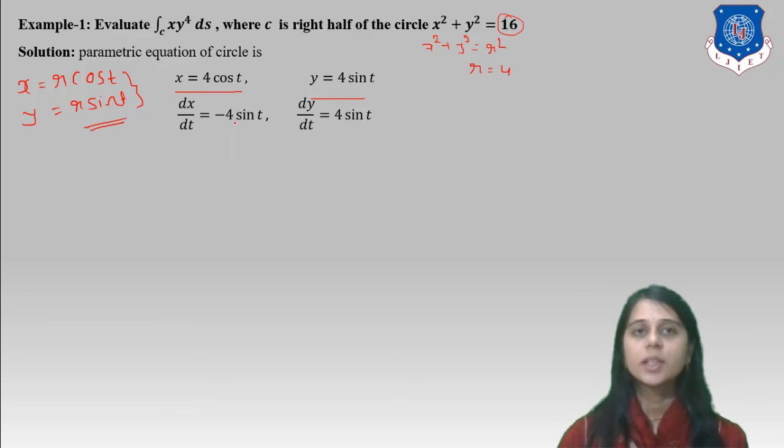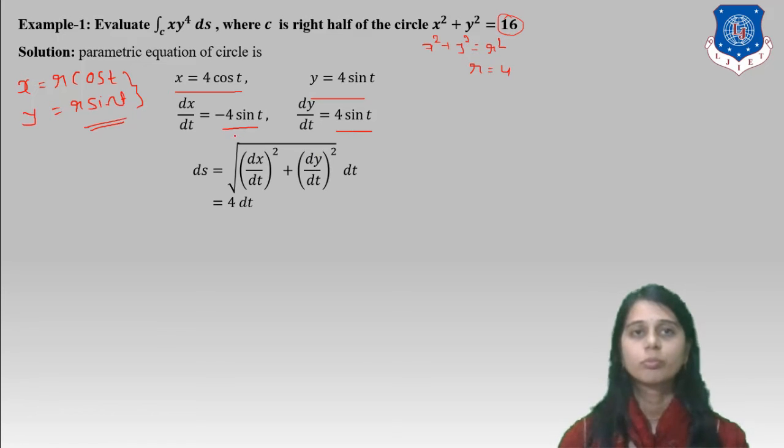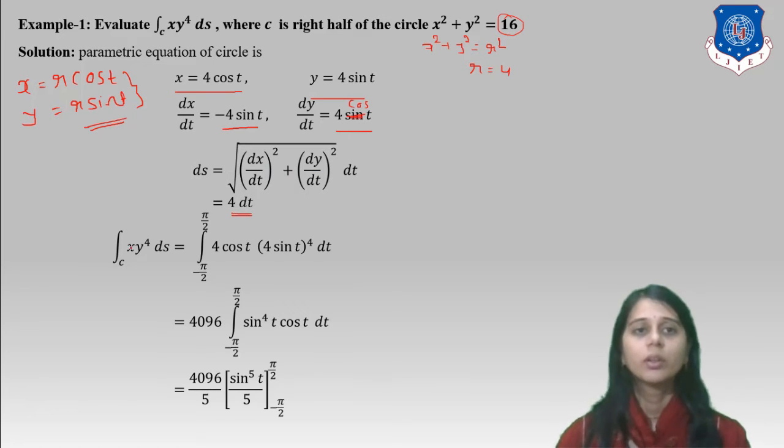So dx/dt is minus 4 sin t and dy/dt is 4 cos t. Now (dx/dt)² + (dy/dt)² is 16 times (sin² t + cos² t), which is 1, so the square root gives 4, and we take 4 dt. Now find the integral over C of x y⁴ ds.